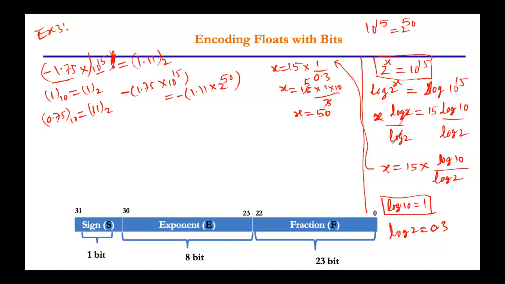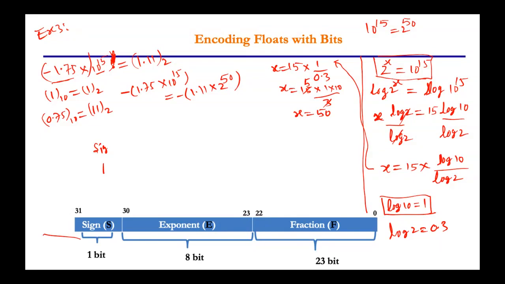And then from here, if you start filling this format, the sign bit here is minus value, so the sign bit is 1.